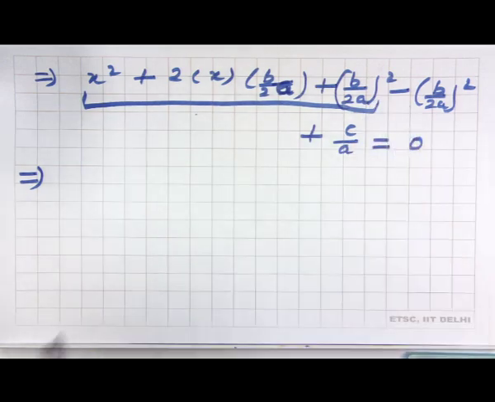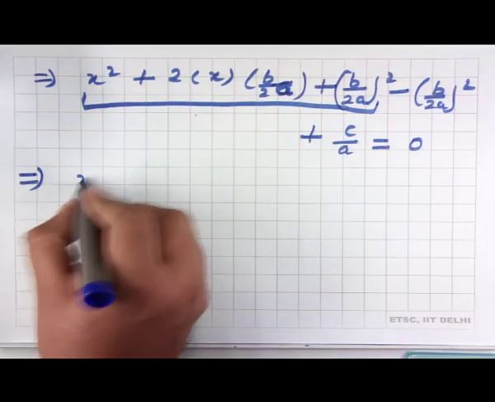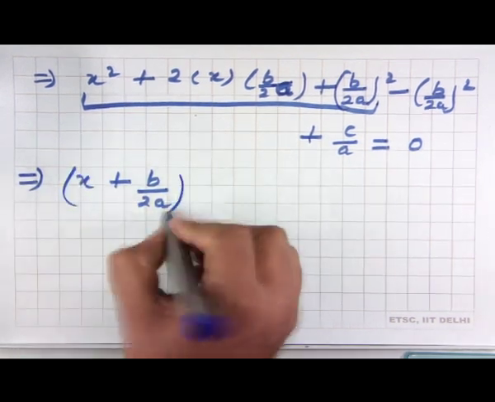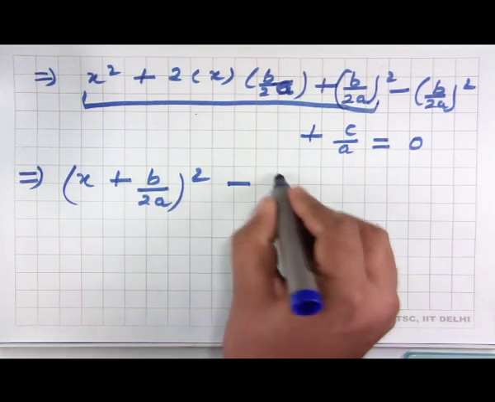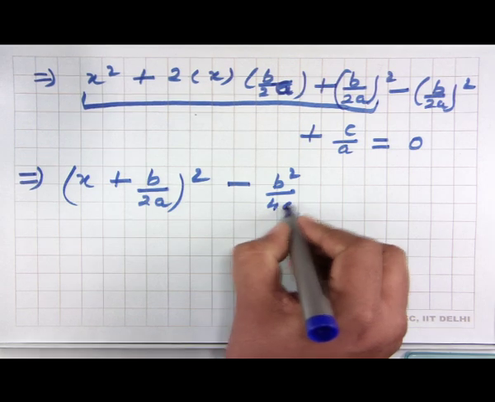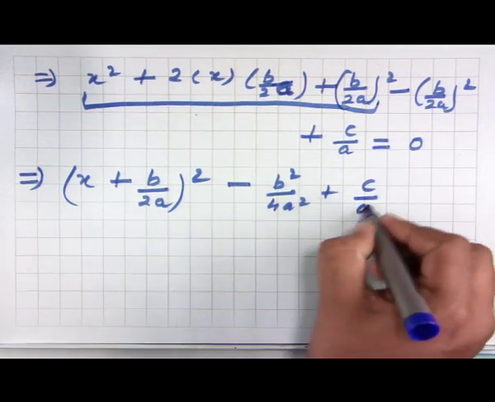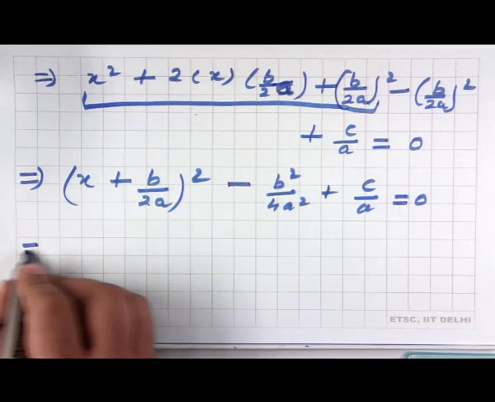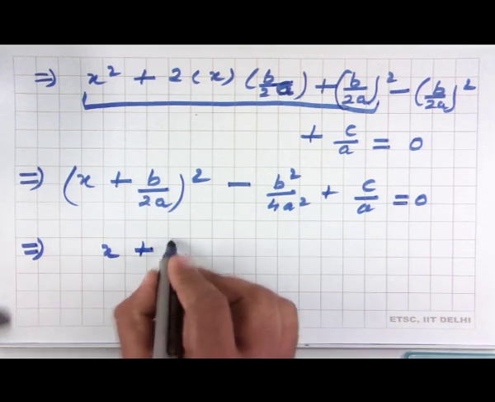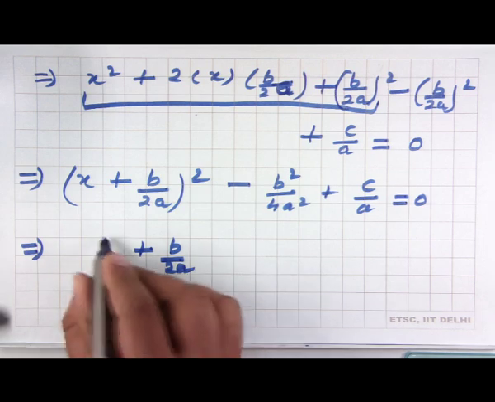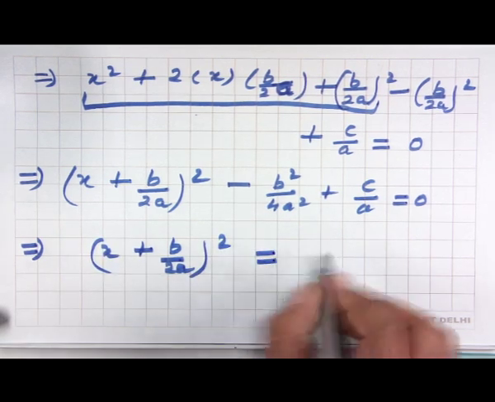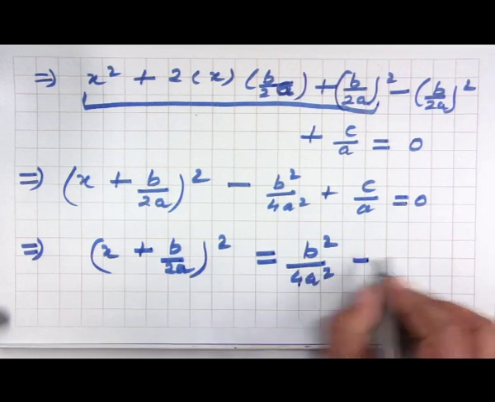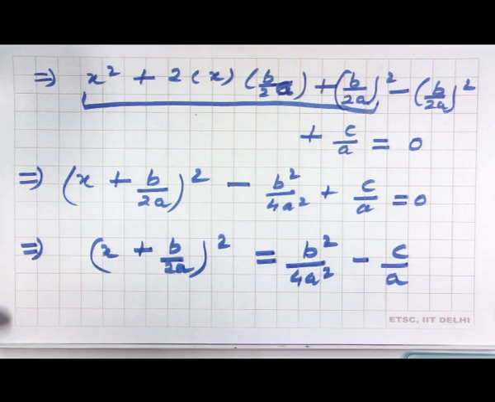It is the formula of a plus b the whole square. It can be written as (x plus b over 2a) whole square equals b square over 4a square minus c over a.